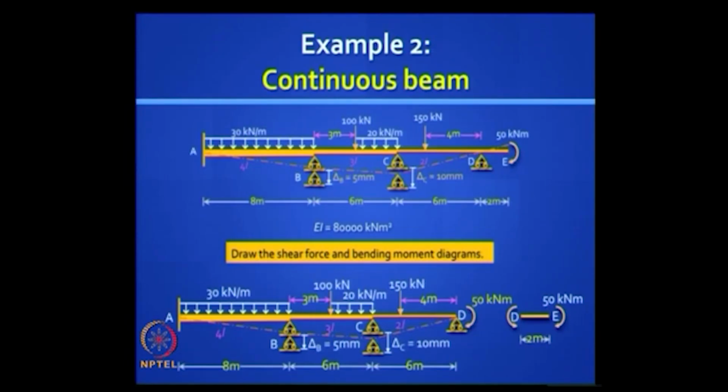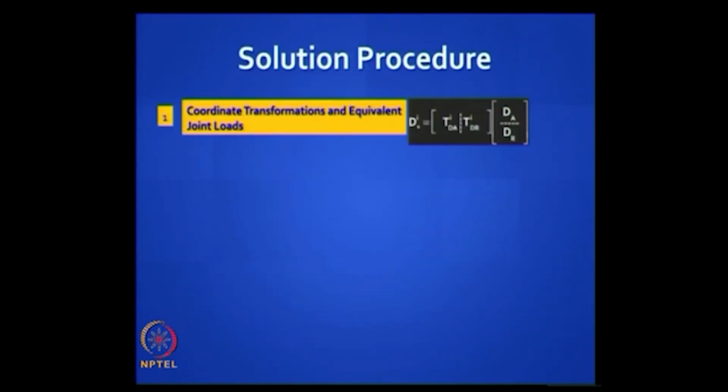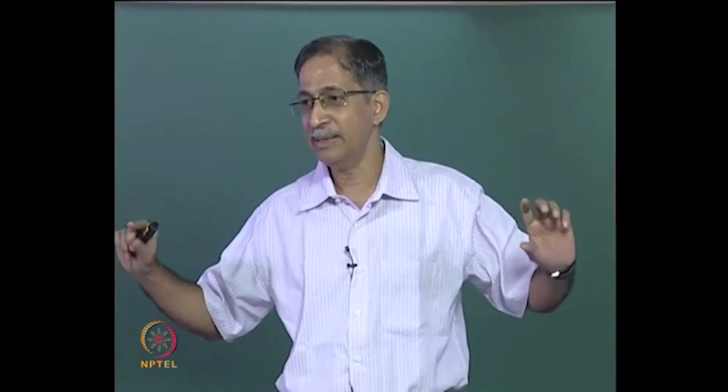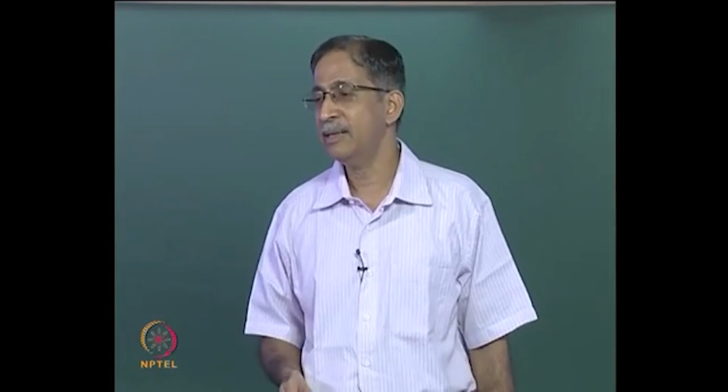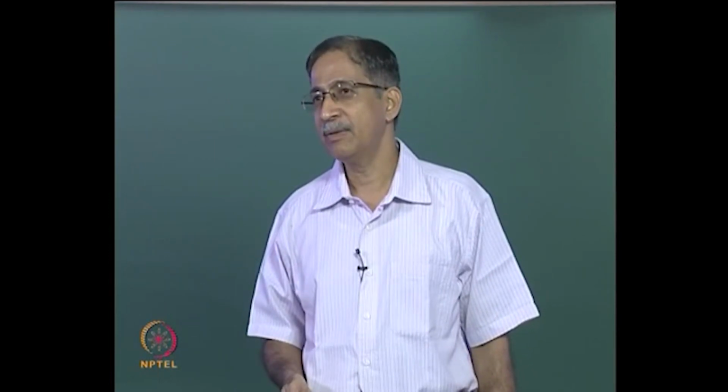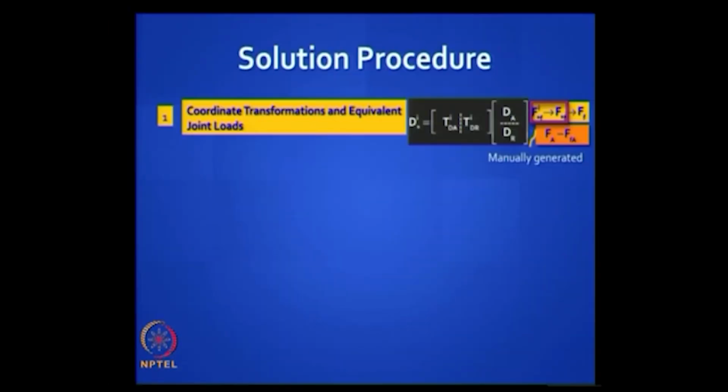So the procedure is quite clear. You have to do the coordinate transformation, write down your displacement transformation matrices, you have to figure out the fixed end force vector. You have to do this manually because you have a problem in the reduced element stiffness method, because you do not have a constant fixed end moment, it can change. So you have to do it manually, you have to get the net resultant force vector FA minus FFA.